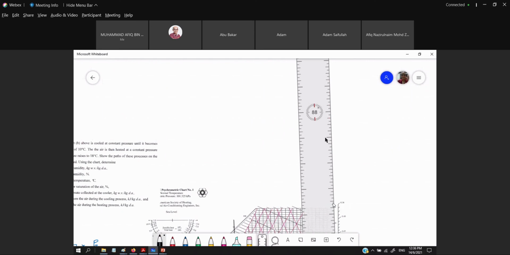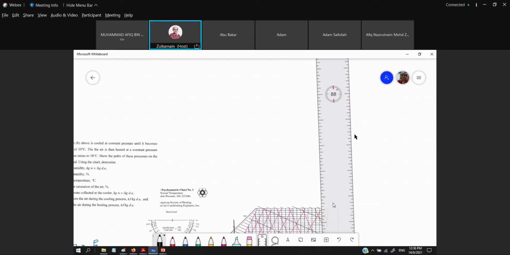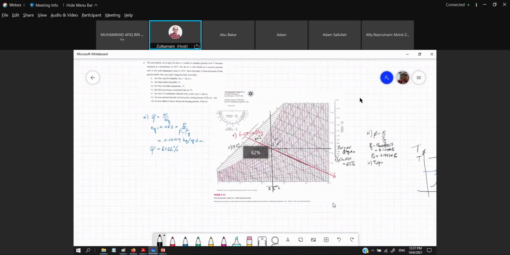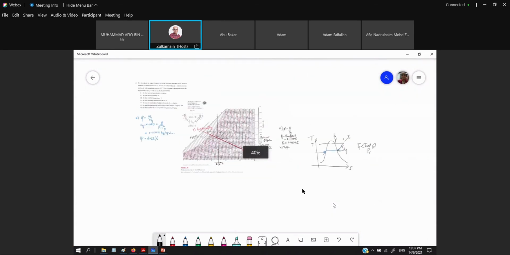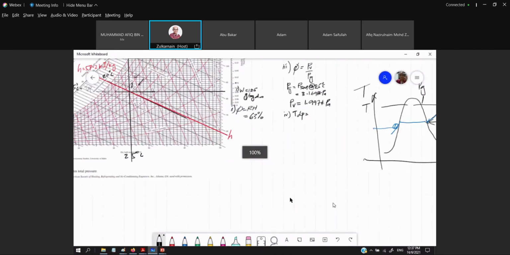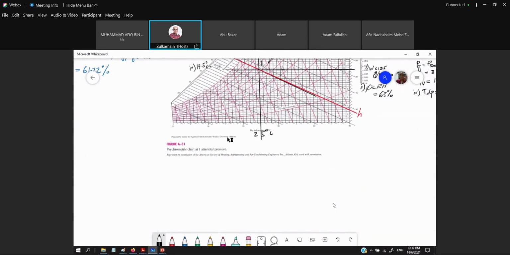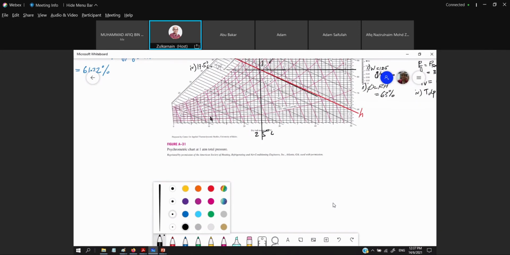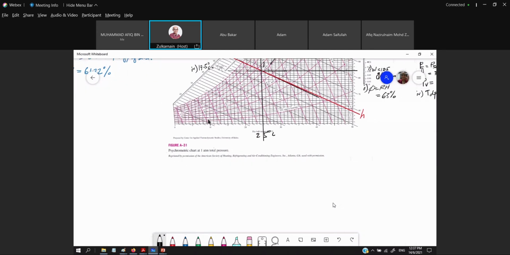Okay, so how am I going to do this? How am I going to sketch? It's okay. I'm going to sketch very roughly with my free hand. Okay, with my free hand, 10 degrees C. So I just put the point. This is 10 saturated. This is the point. Oh, I know what happened.